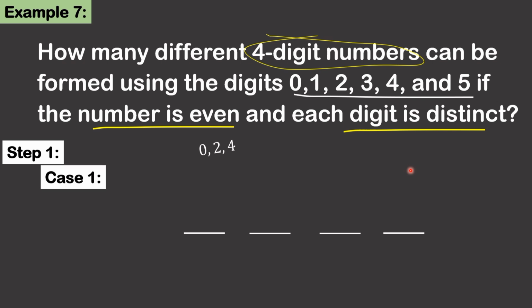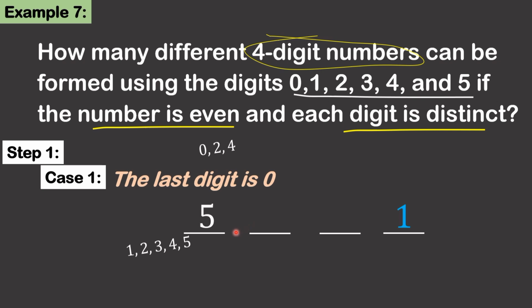For case 1, the last digit is 0. This is fixed and it is only one choice, that is 0. Going back to the first digit, since 0 is not allowed in the first digit and each digit is distinct, that means a digit can only be used once.